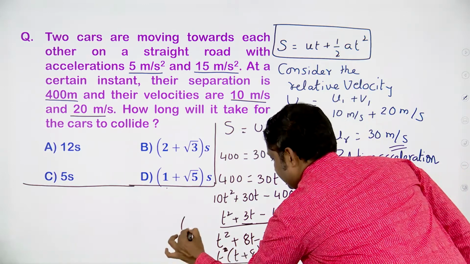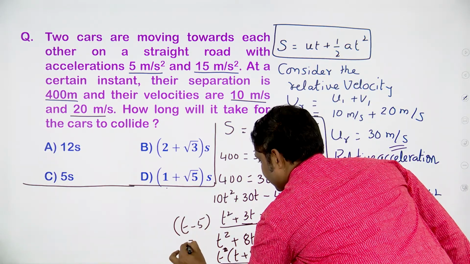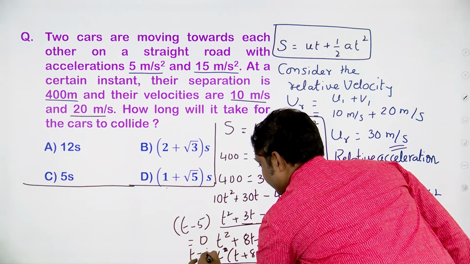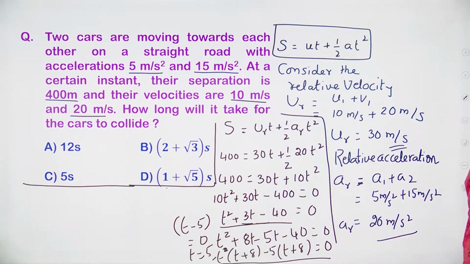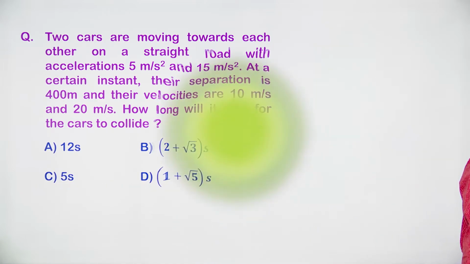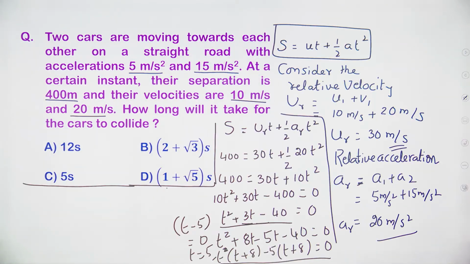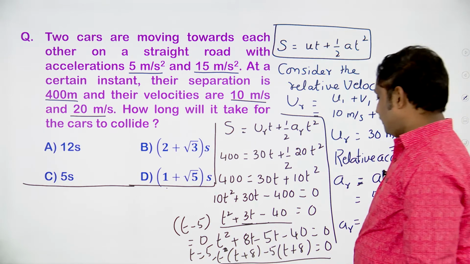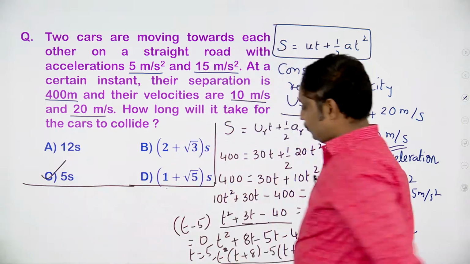You have to get T minus 5 is equal to 0, that is T is equal to 5. Simply you can solve this problem from the given equation. T is equal to 5 seconds, it's going to be the answer.